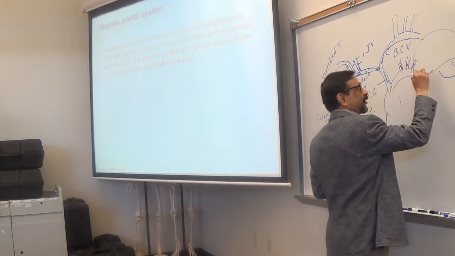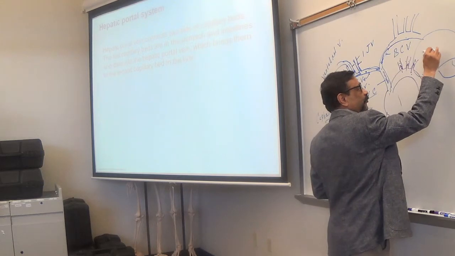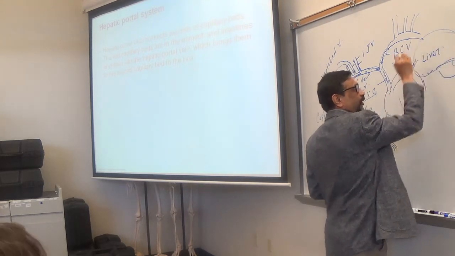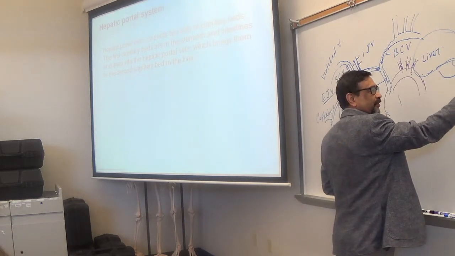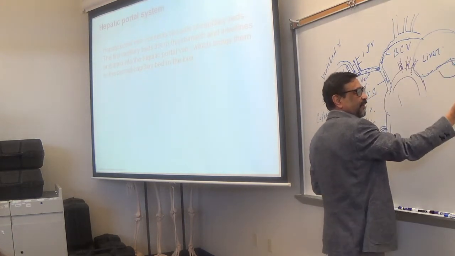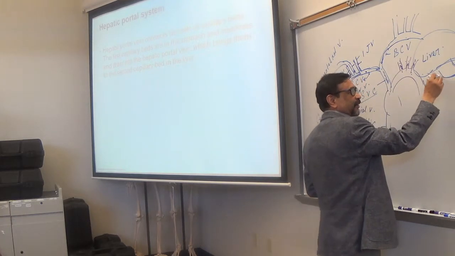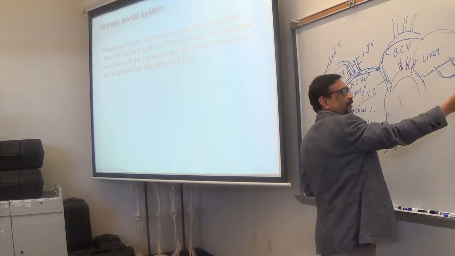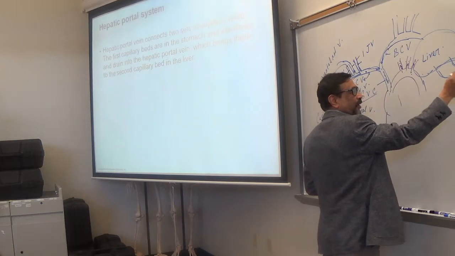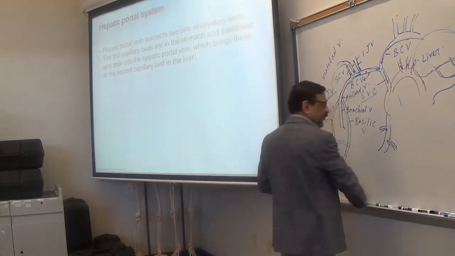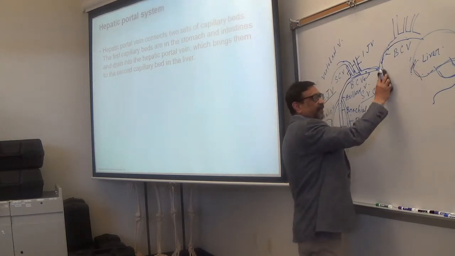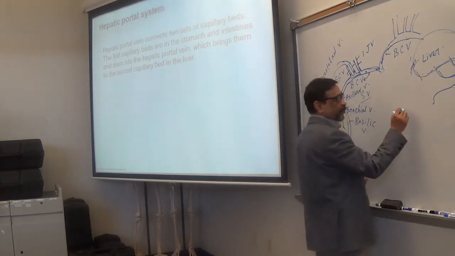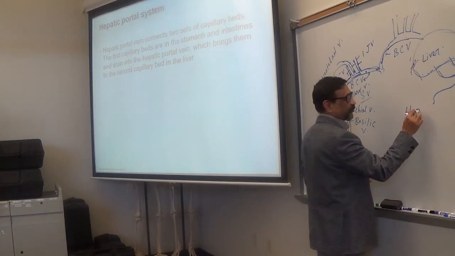From your GI tract, the veins that take blood to the liver are called hepatic portal veins. And that circulation between the GI tract and the liver is called hepatic portal circulation.